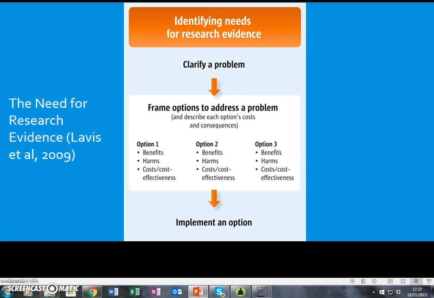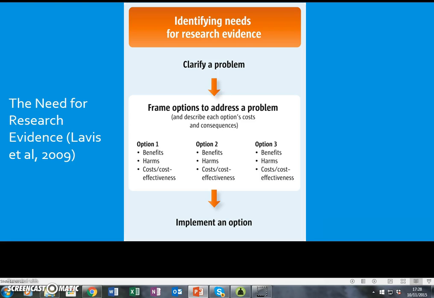This useful graphic from the Support Tools series, this one, number 11 by Lavis et al., shows that we first of all identify the need for research evidence by clarifying the problem that we're asking.